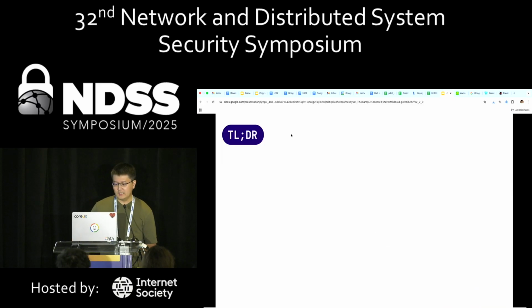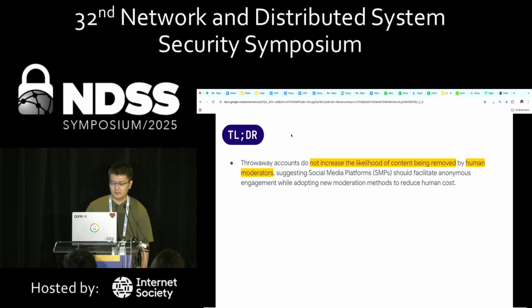First of all, I'd like to give you a quick overview of what I will be talking about today. In this study, we found that throwaway accounts do not increase the likelihood of content being removed by human moderators, suggesting SMPs should facilitate anonymous engagement more easily while adopting new moderation methods to reduce human cost.